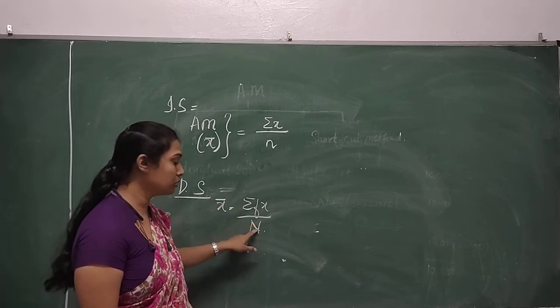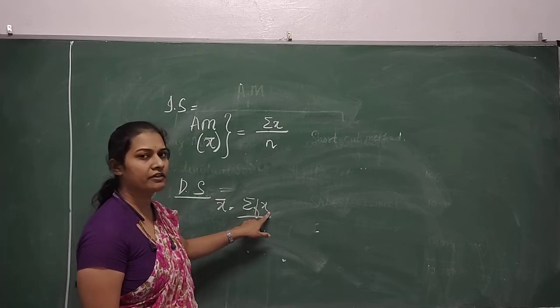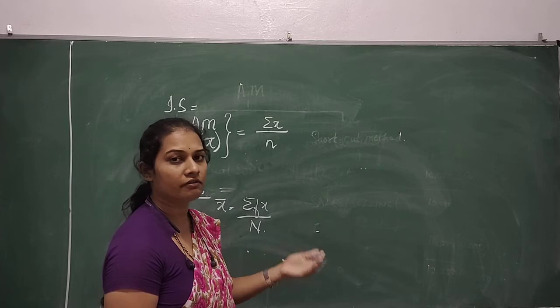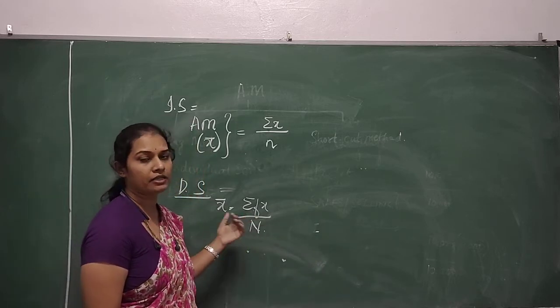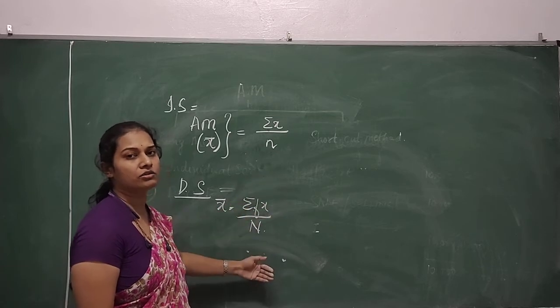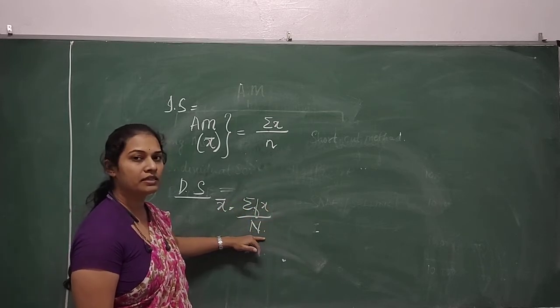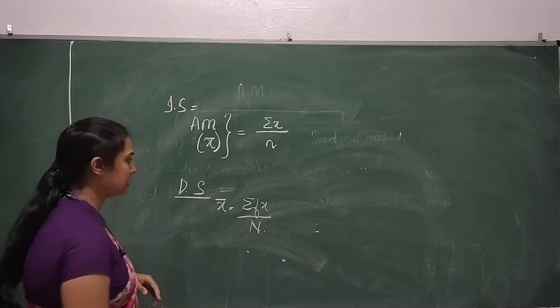Please remember, it is the total of the frequency table. What is fx? When the x values and the f values are given, you multiply those two, take the total of your fx column, and divide it by the total of the frequency. So that is your discrete series.